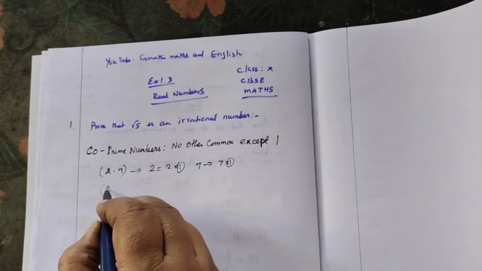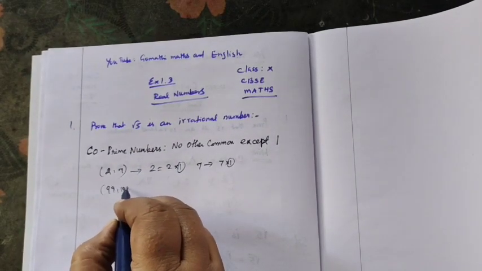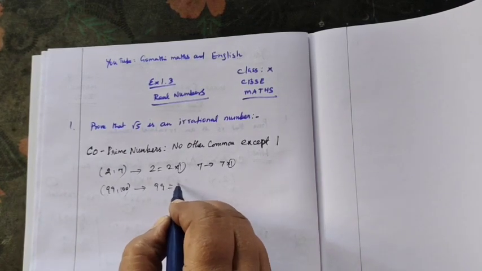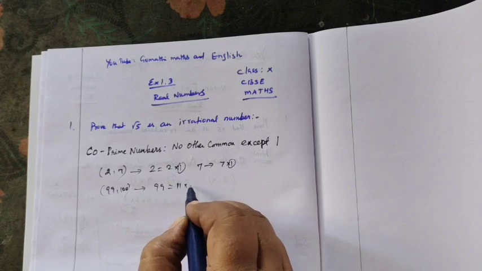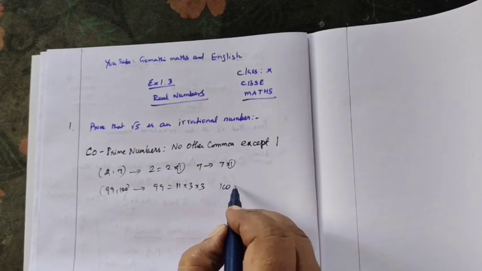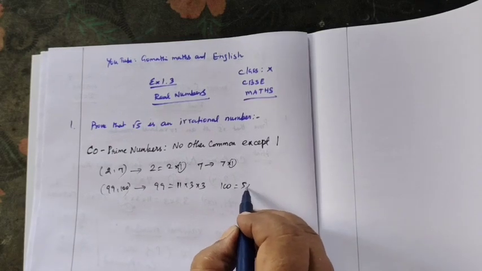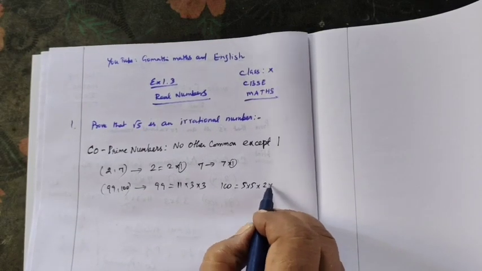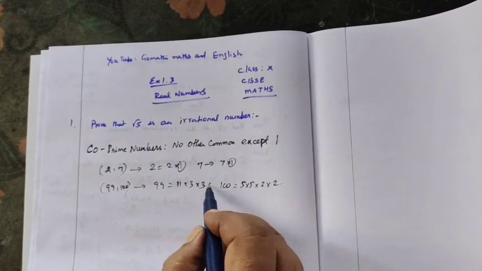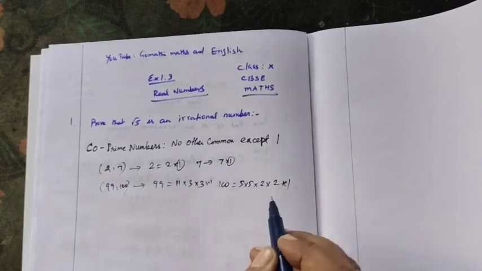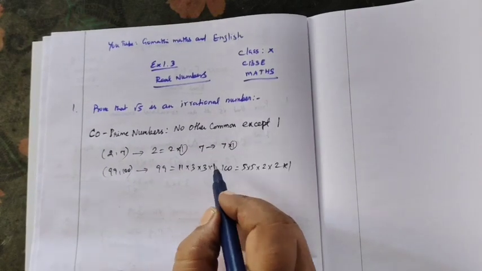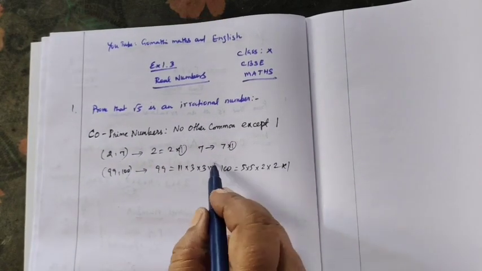And another example, 99, 100 is a co-prime pair, because 99 equal to 11 into 3 into 3 and 100 equal to 5 into 5 into 2 into 2. No common factor for this. There is only 1 as the common factor.